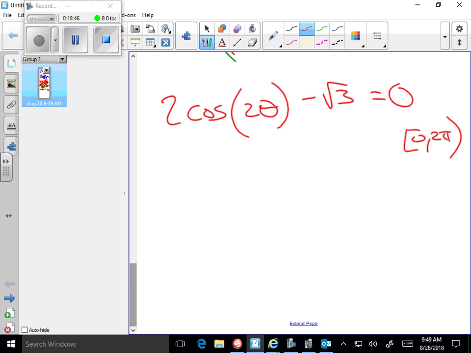Think about the times when cosine is positive root 3 over 2. One of them's in first quadrant. Where's the other one? You got one of the 4 answers, or you got the start of one of the 4 answers.